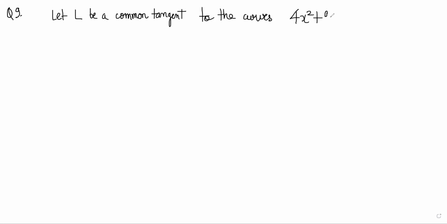One last question. This is also 2021 only. Let L be a common tangent to the curves 4x square plus 9y square is equal to 36, and 4x square plus 4y square is equal to 31.